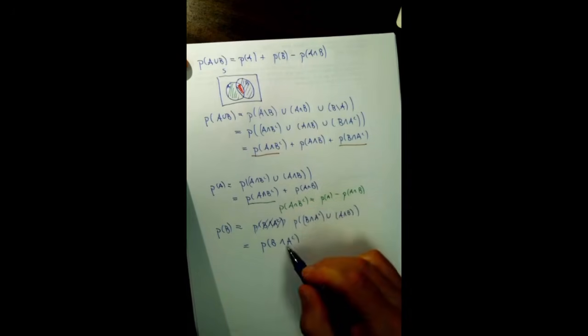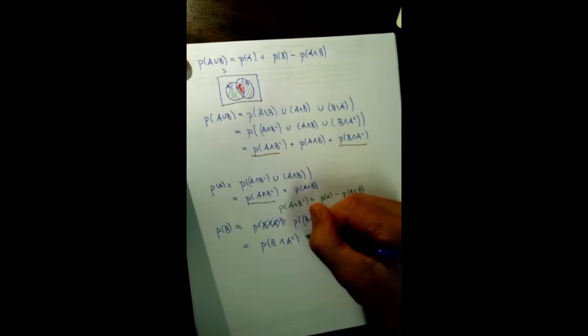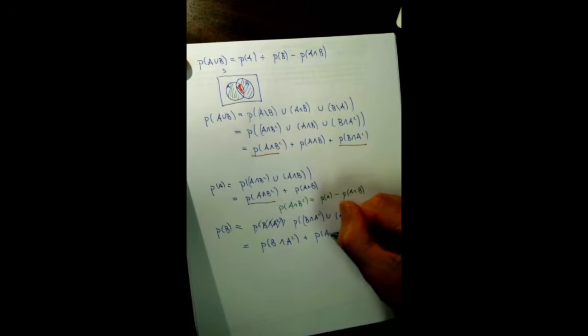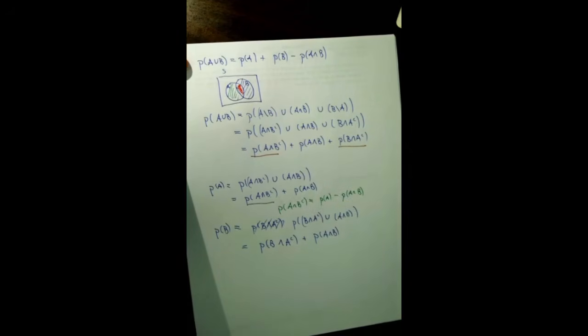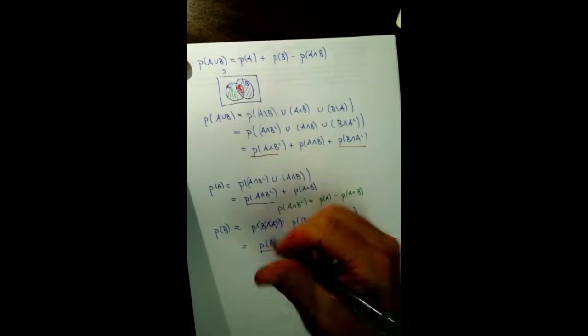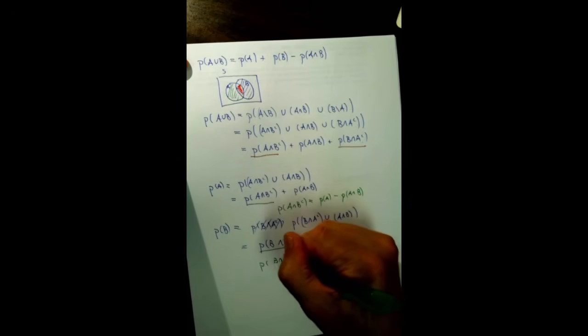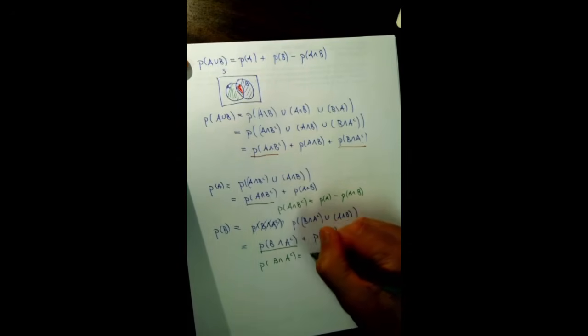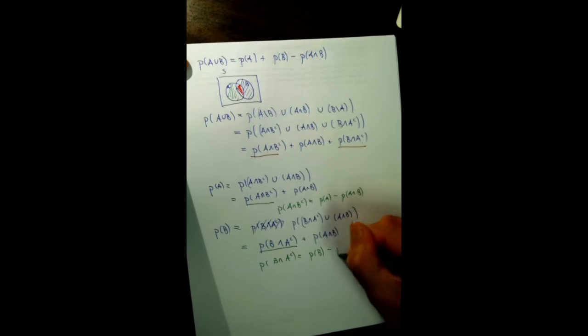So that's the probability of B and A complement plus the probability of A and B. And now solving for that, the probability of B and A complement is the probability of B minus the probability of A and B.